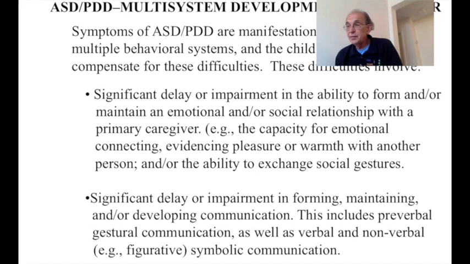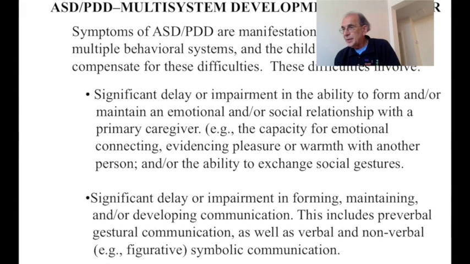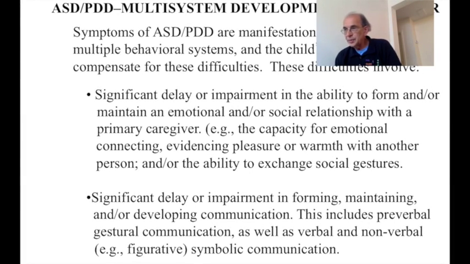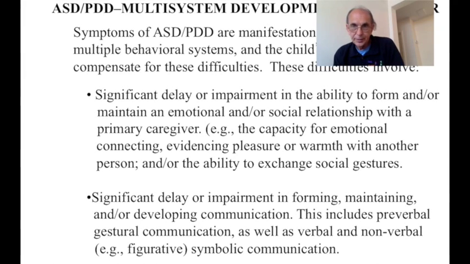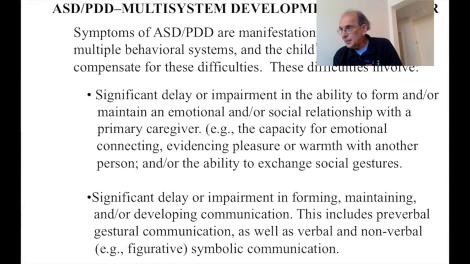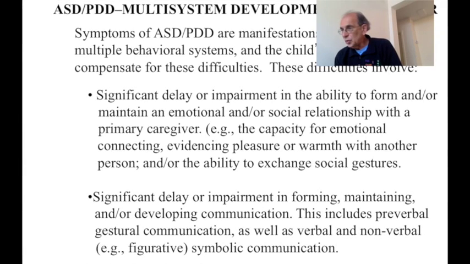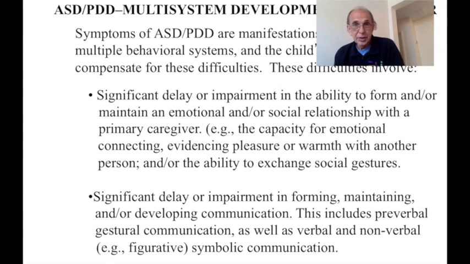These difficulties involve, number one, significant delay or impairment in the ability to form and or maintain an emotional and or social relationship with the primary caregiver. For example, difficulties doing the following: connecting emotionally, evidencing pleasure or warmth with another person, the ability to exchange social gestures.